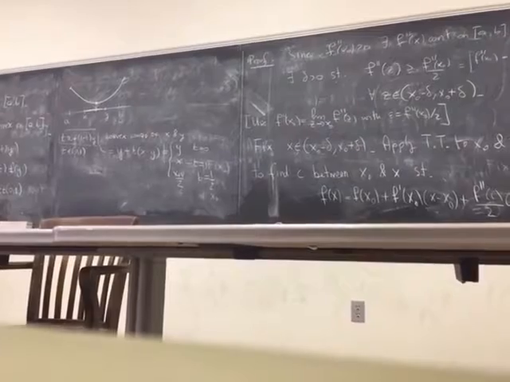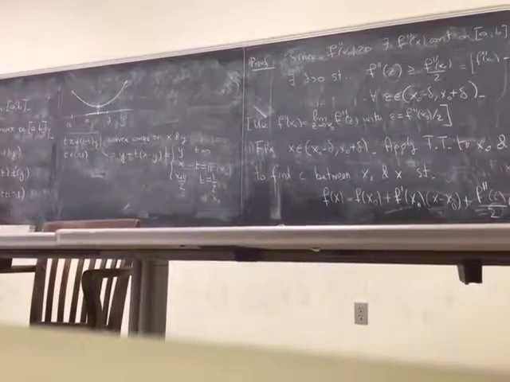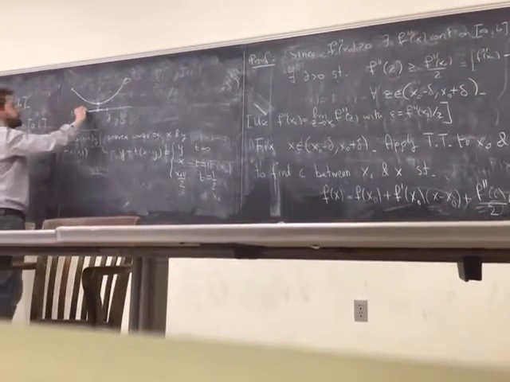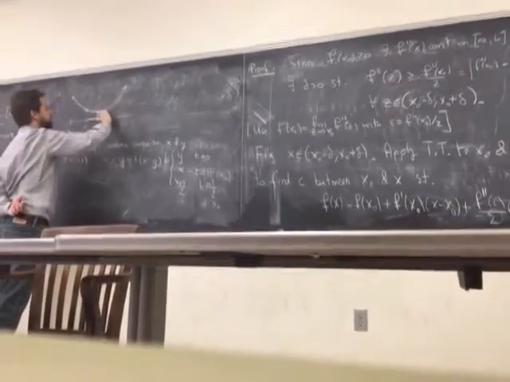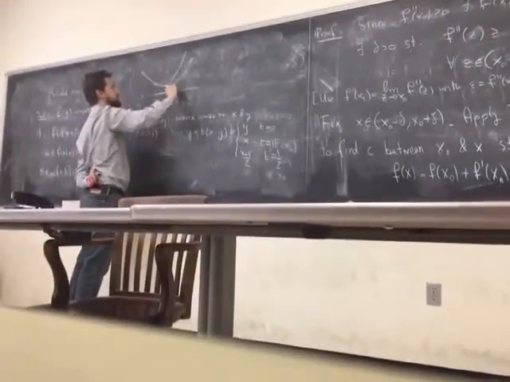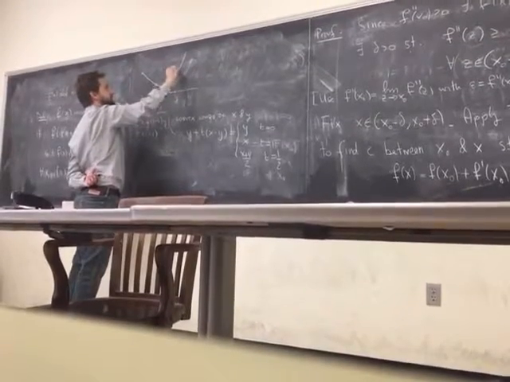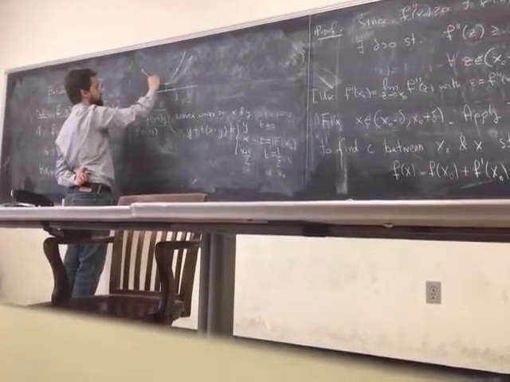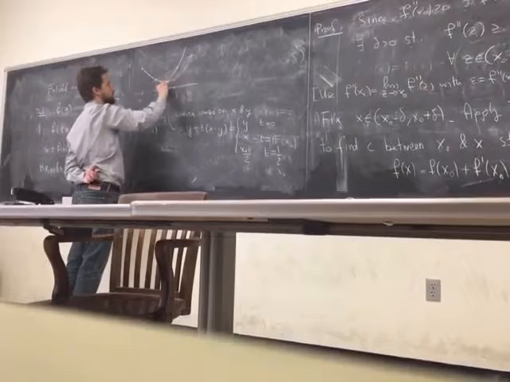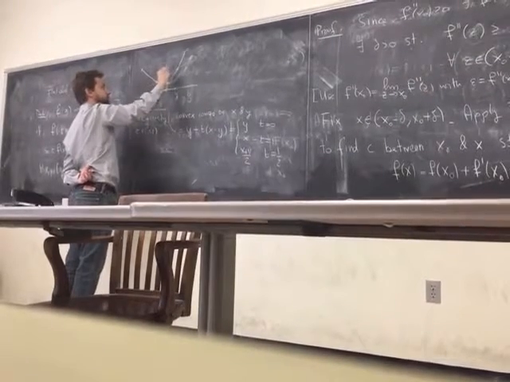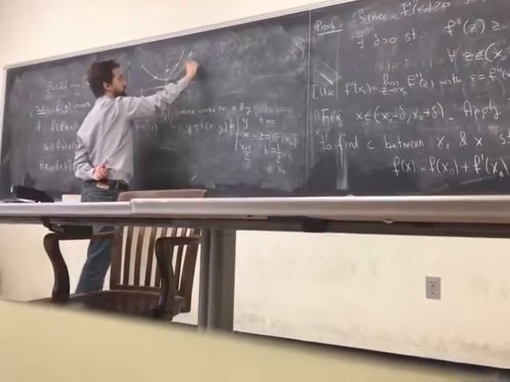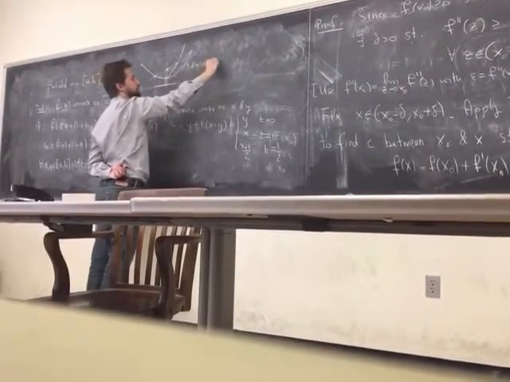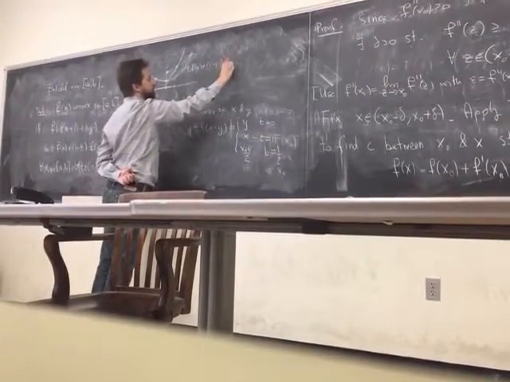Here I do 1/2 of f of x and 1/2 of f of y. So if this is f of x, let me draw a different function so the picture is nicer, and this is f of y, this point here will be t f of x plus 1 minus t f of y.